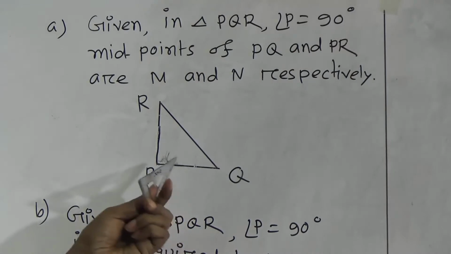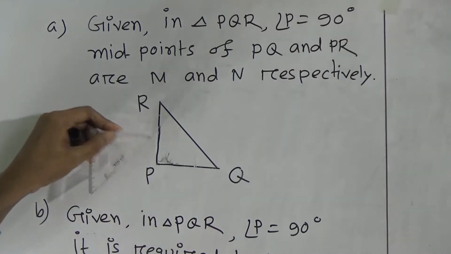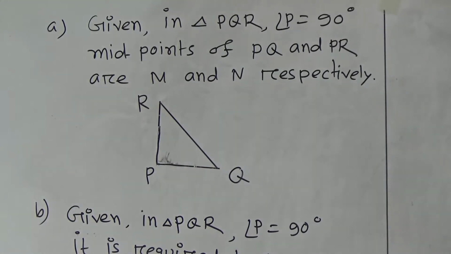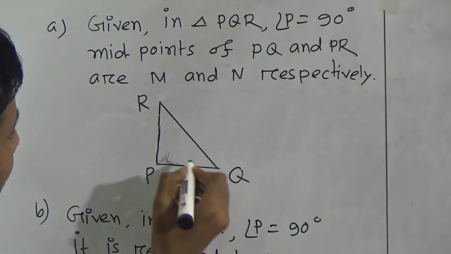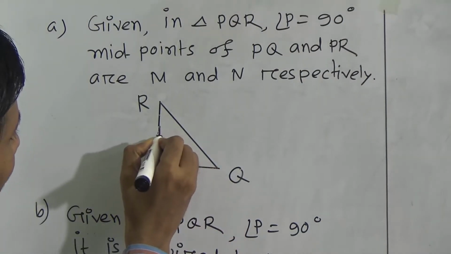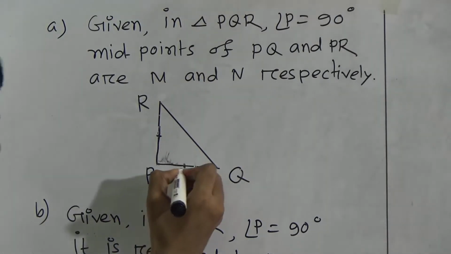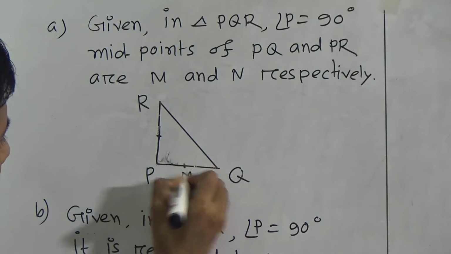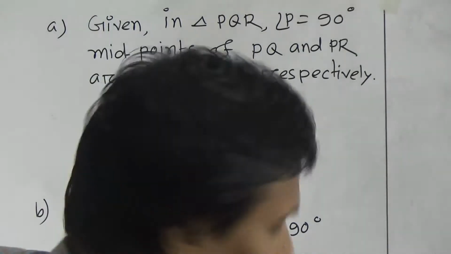That means M is the midpoint of PQ and N is the midpoint of PR. Okay? That means you see this is the midpoint and this is also the midpoint. This is M and this is N. Okay. Now you only join.